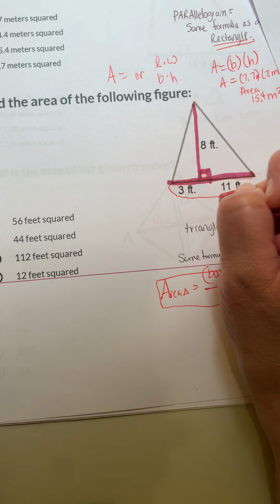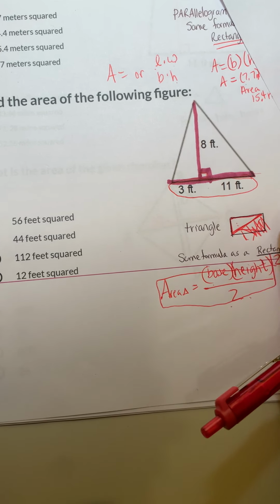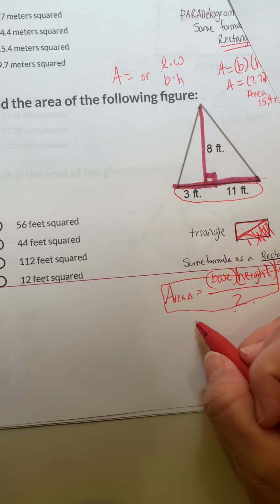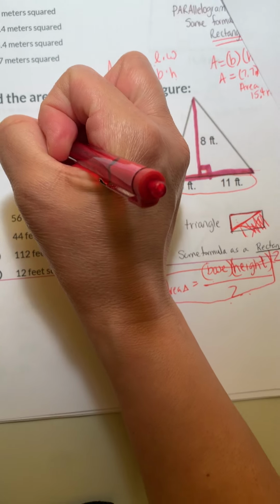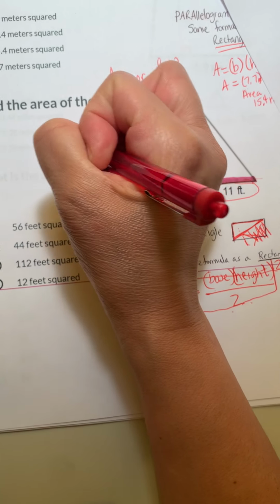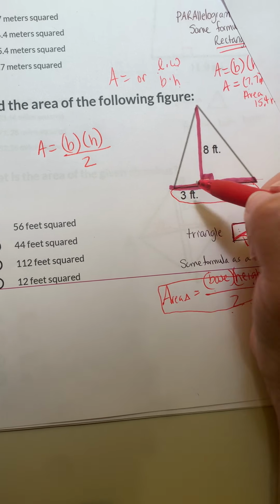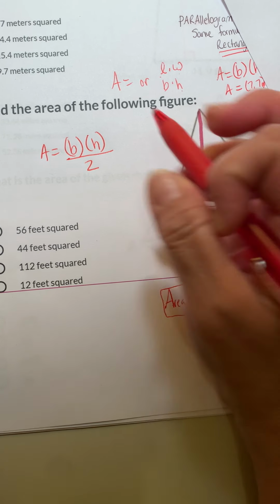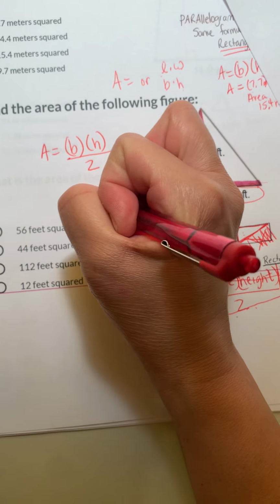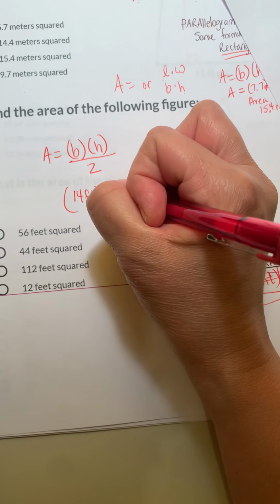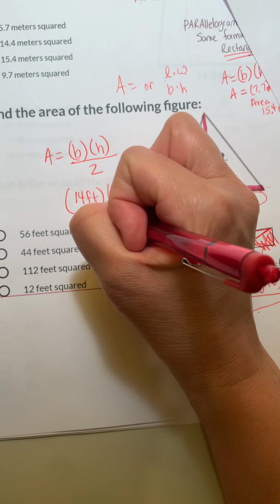So 11 plus 3 is 14. So you can see area equals base times the height divided by 2. My base is 11, 12, 13, 14. 14 feet times my height, 8 feet, and divided by 2.